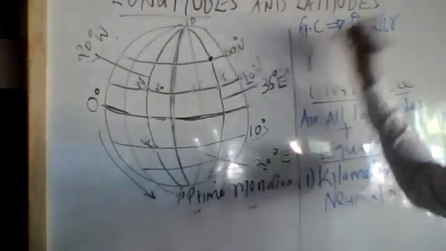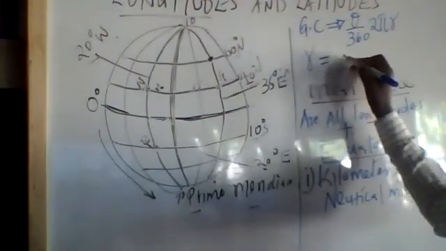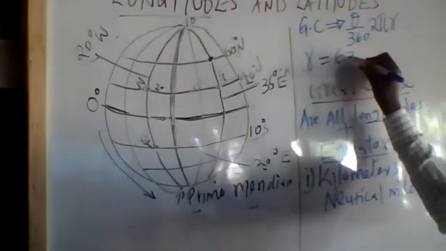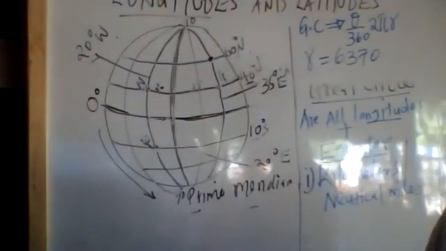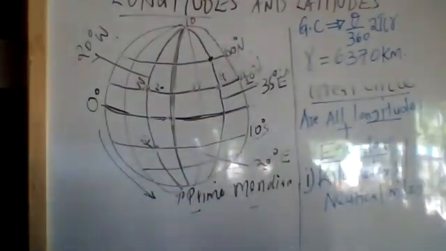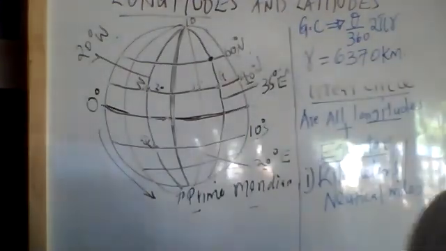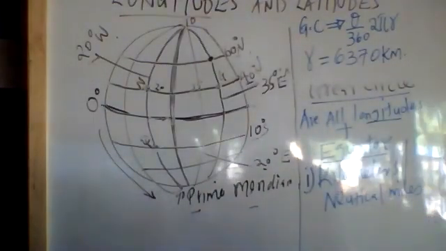But now the radius that we're going to use is the radius of the Earth, which is approximately 6370. So that is the approximate value that we're going to use to calculate the distances. This particular value that I've just written here as the radius is going to be given to you wherever you want to calculate.